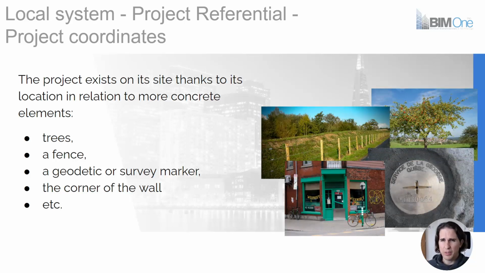And we then talk about project coordinates in local systems. This is one of the major issues of BIM and CIM software. They rarely understand big coordinates and must therefore communicate with local ones.